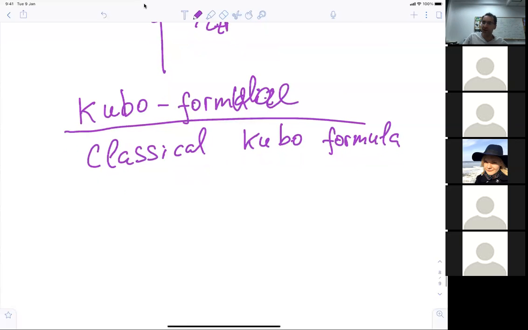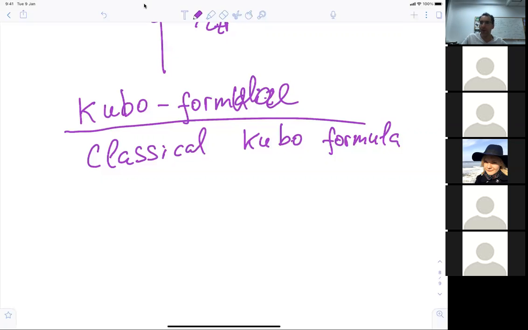So what is the classical version of Kubo? How many of you ever heard of the Kubo formula, or Kubo approach? I have heard. Anybody else? I'm not familiar with it. Okay.